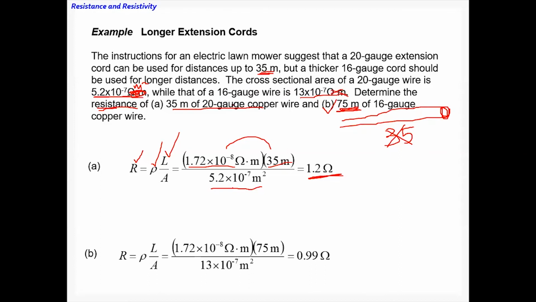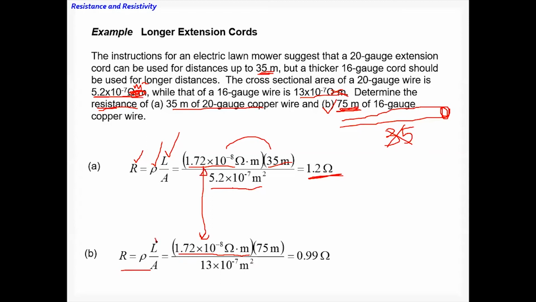So how do you get the resistance? Determine the resistance of that long copper wire. Again, the same formula. Since it is copper, your rho does not change. It is constant. So we use the same value in part A and part B, 1.72 times 10 to the negative 8.